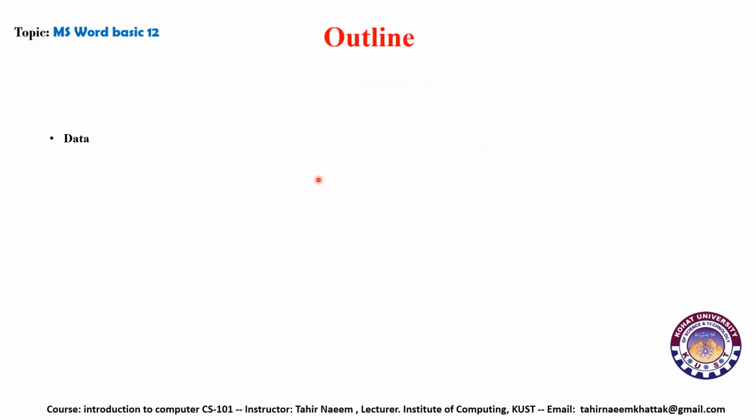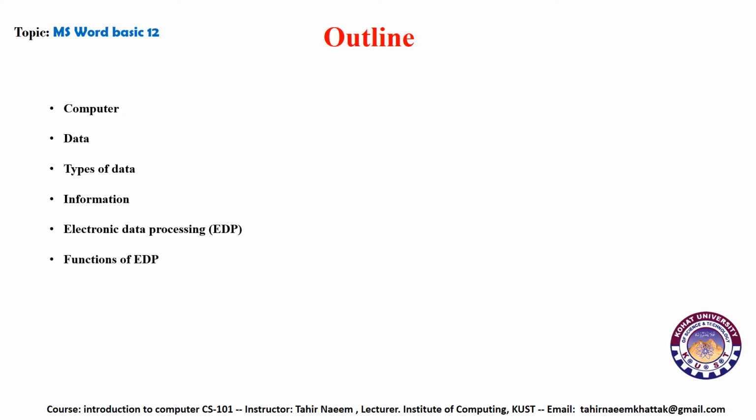This is the outline of our lecture today. First of all, we will discuss computer, then data, then different types of data, then information, then electronic data processing, also known as EDP, then functions of EDP, then characteristics of computer.